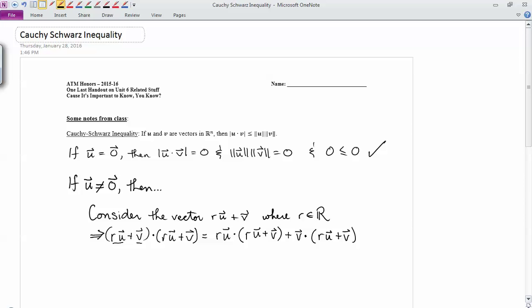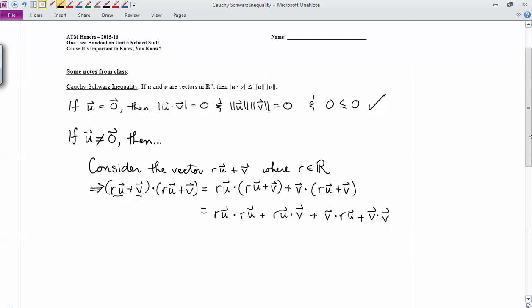And then I'll distribute the ru to each of these things inside the parentheses, and do the same thing over here with the v. So this will turn into ru dot ru plus ru dot v. And then over here, this is going to turn into v dot ru plus v dot v.